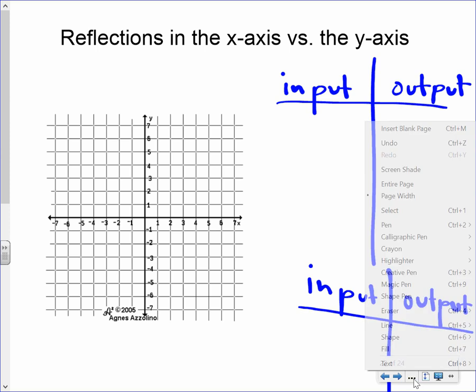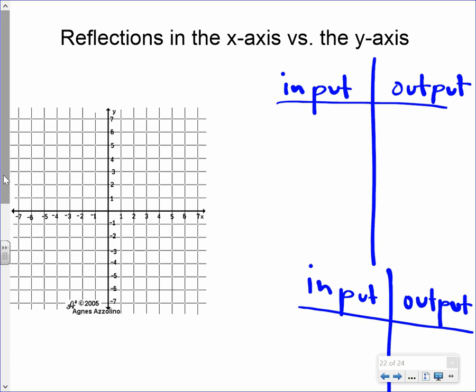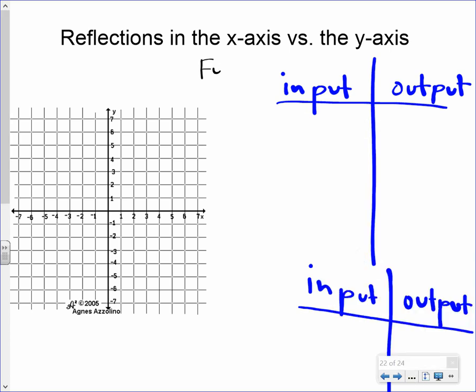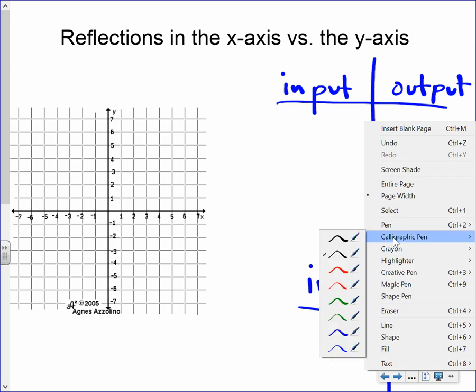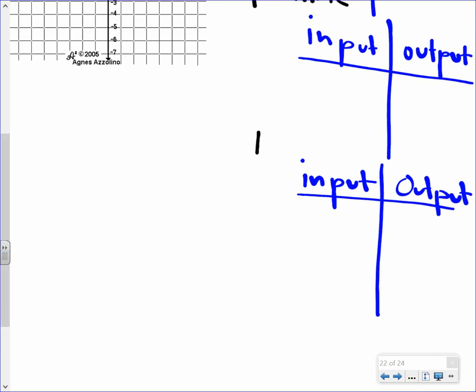Let's call this one function 1. Function 1. Function 2. Function 3.